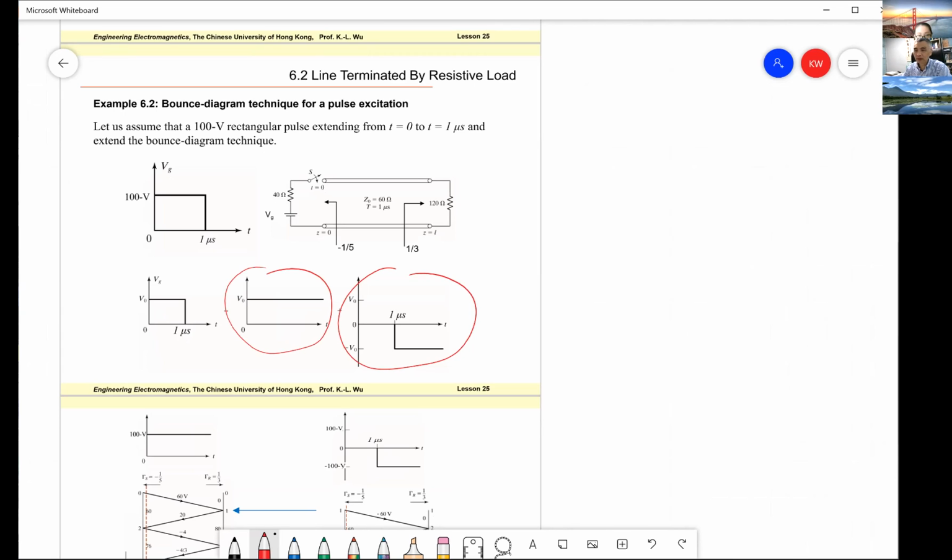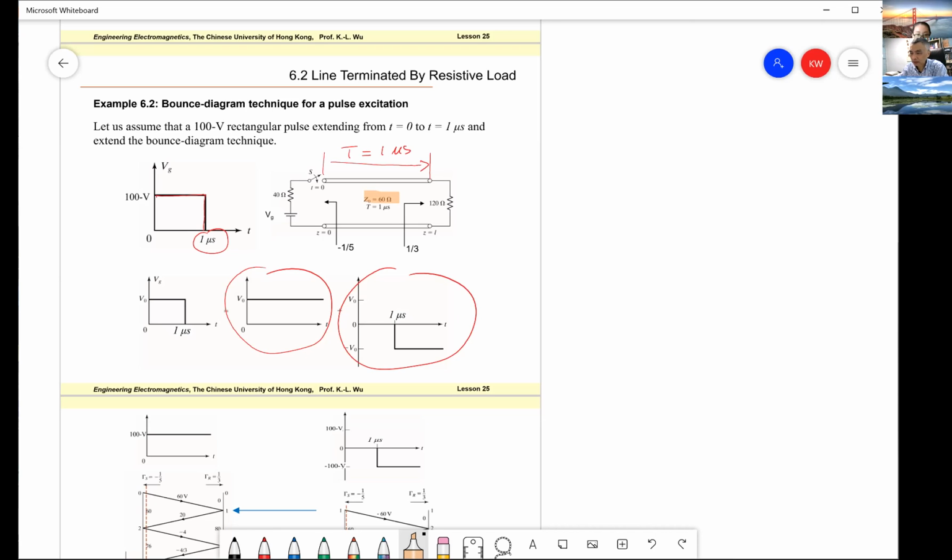Now let's take a look at an example. We assume the duration of the pulse is 1 microsecond, and the time travel from here to here also takes 1 microsecond. We call this T. Let's assume the transmission line has a characteristic impedance of 60 ohm.